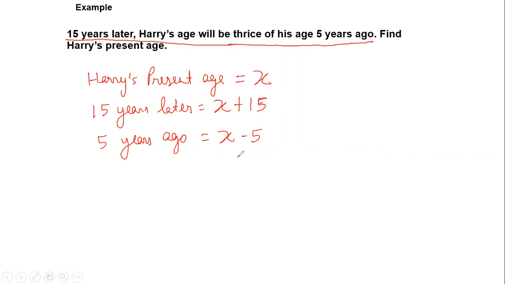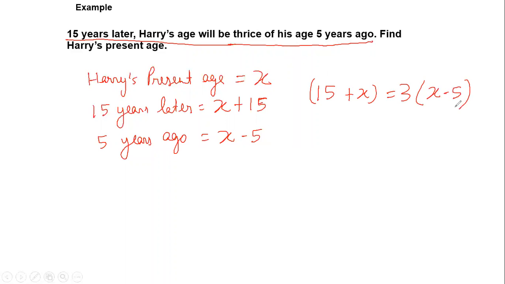So according to the conditions, I have made some relationship. They are saying that 15 years later, Harry's age will be thrice his age 5 years ago, which is X minus 5.